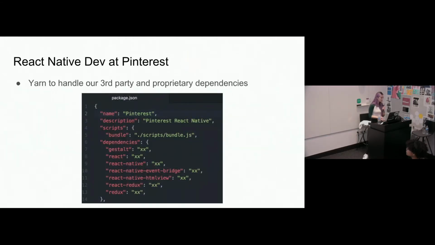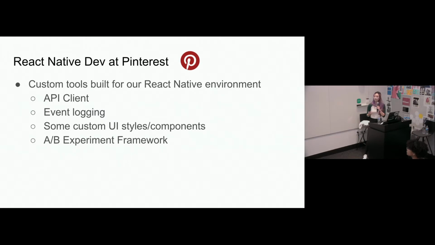Yeah, so we have a pretty standard yarn package.json that looks very similar to what you see in a React app if you've built a React app before. And when we were building this dev environment, thinking about how we have existing desktop web tools and existing native tools, there are always going to be some things you have to work around.